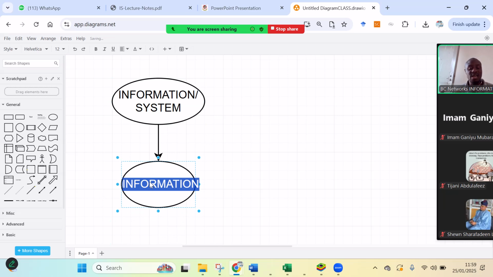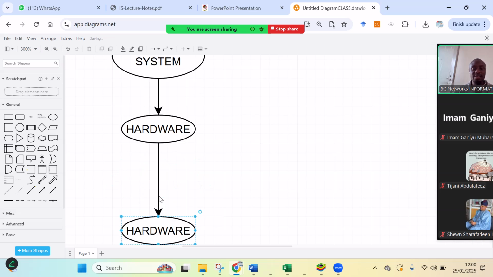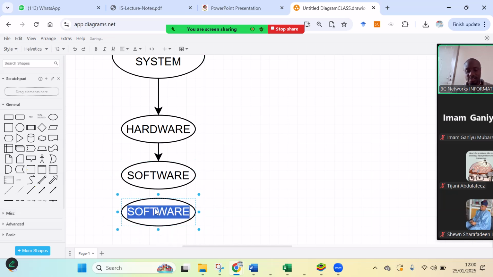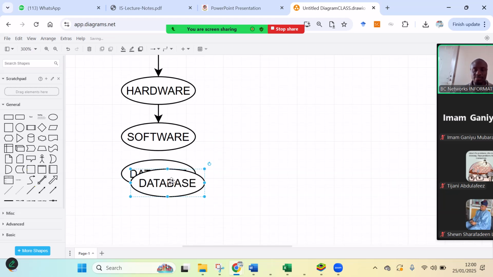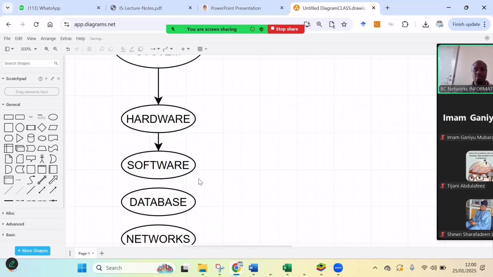And the information system we are dealing with here includes our hardware, our software, database, network, and all these things.